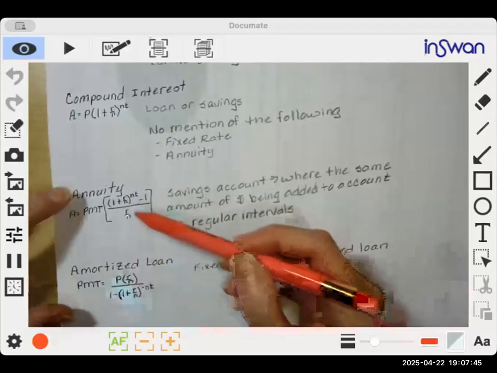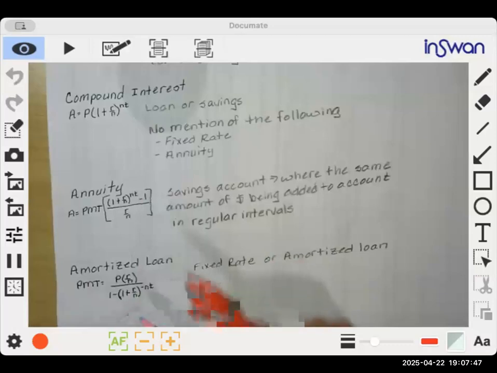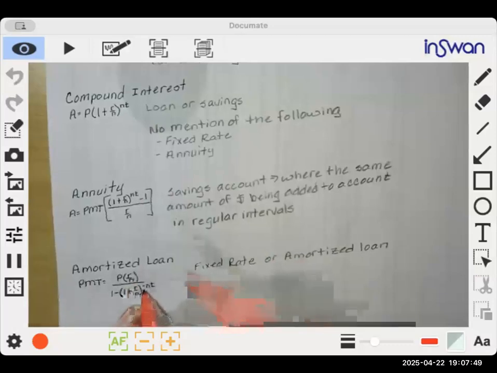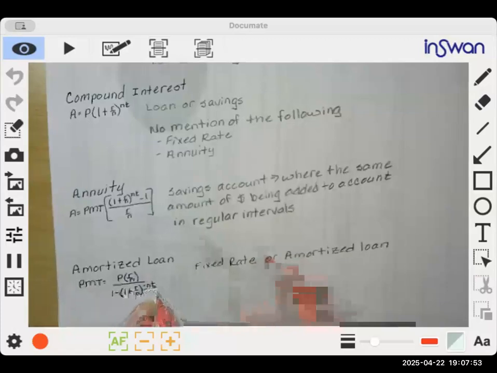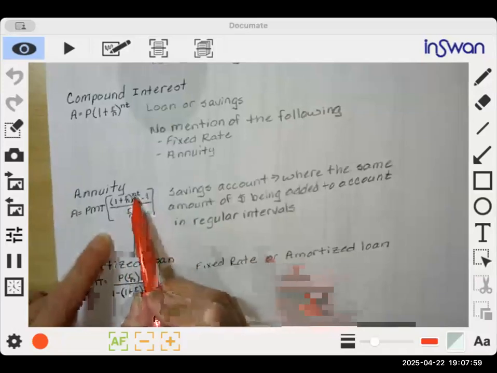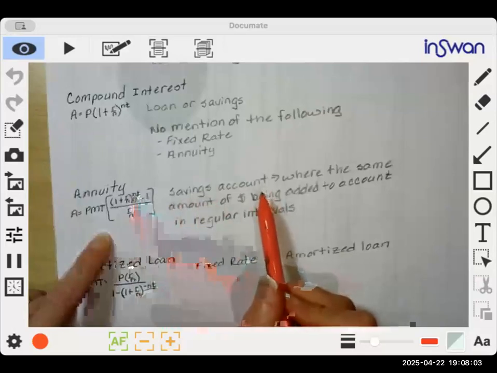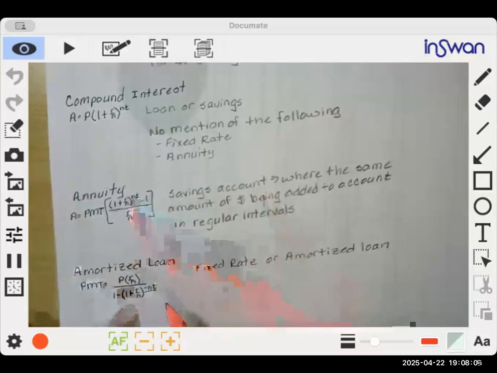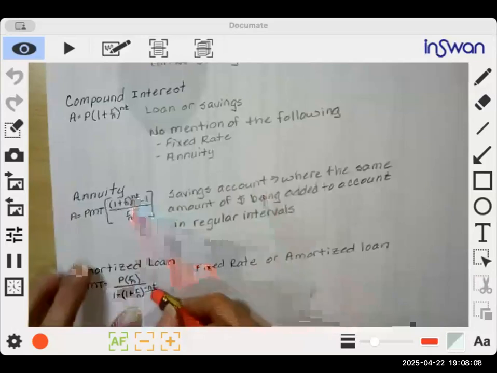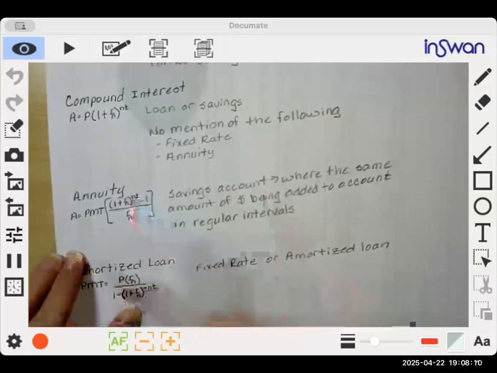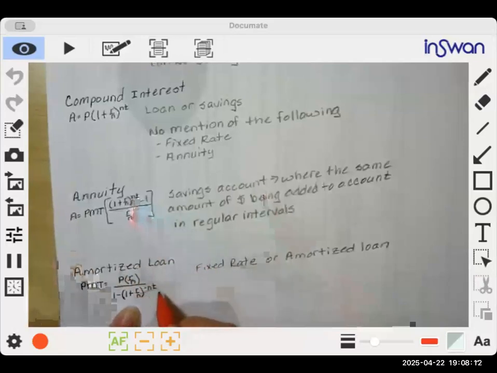The difference between these two, how to know which one to use: this one has negative exponents and it's a loan. It's a negative exponent because you owe money, whereas this one, the exponent is positive, so you're saving money. Here, you have a negative exponent, so it's a loan.